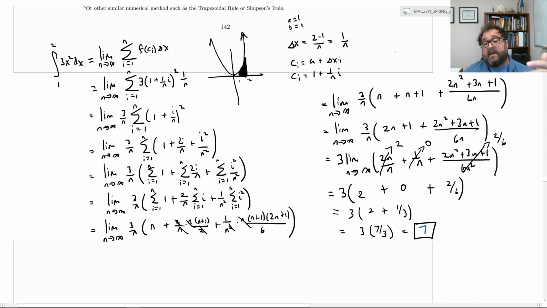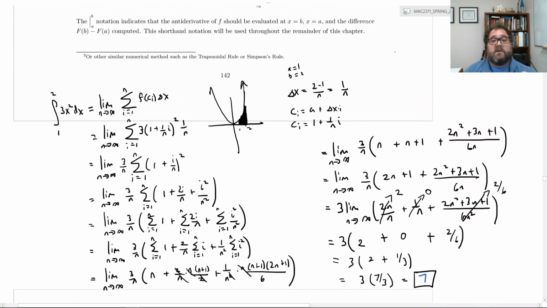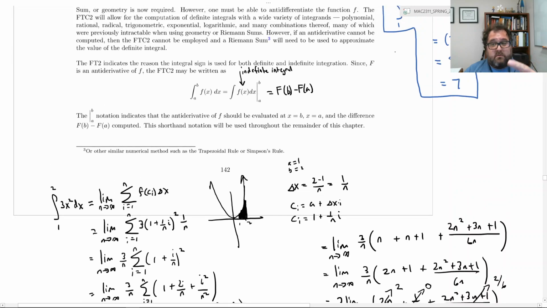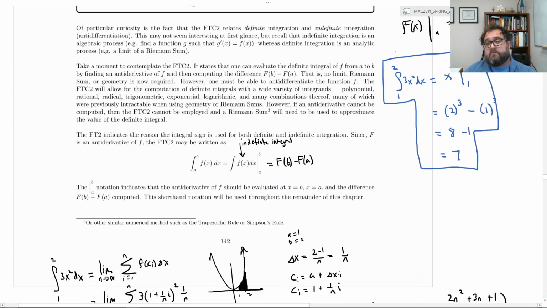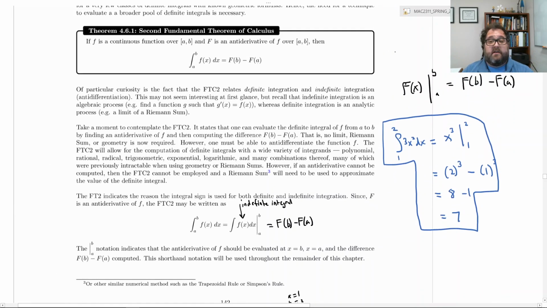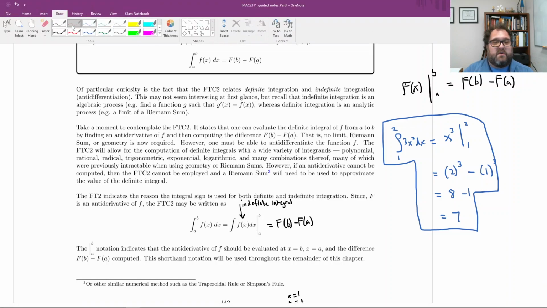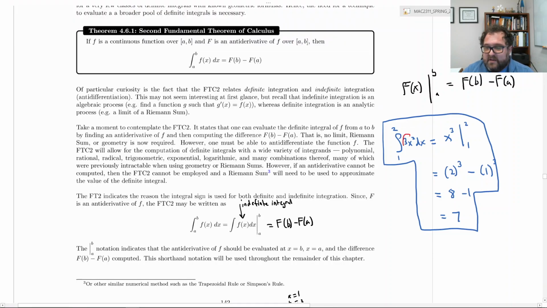Okay, and that being the case, I'm going to ask you one question probably on a test about it. Otherwise, I'm going to assume that you're going to be using the fundamental theorem part 2, the work in blue here. Now, the reason that our work in blue was so easy and fast is because we had a very easy antiderivative to calculate. 3x squared dx has a super easy antiderivative.